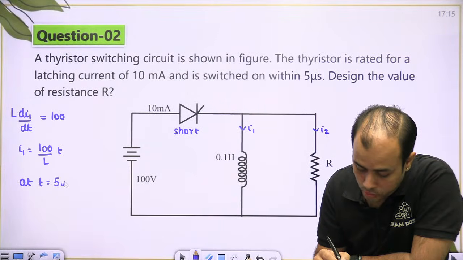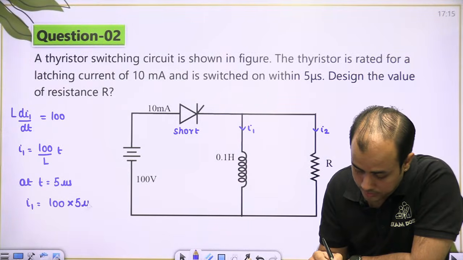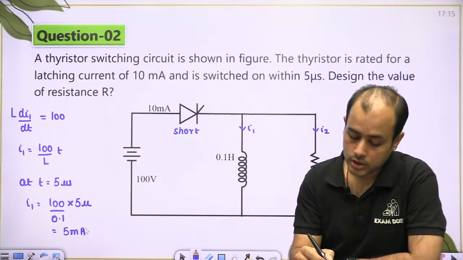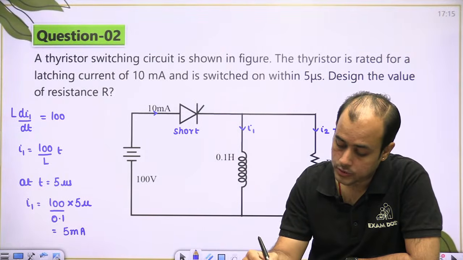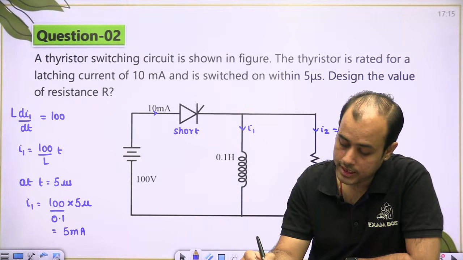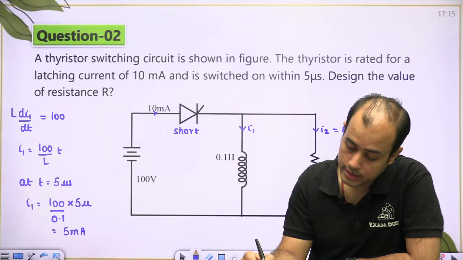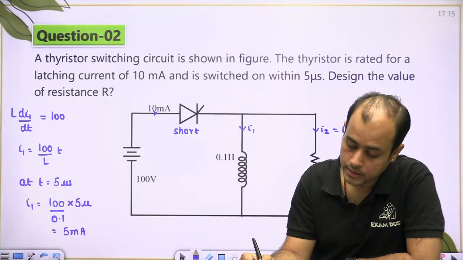Now I want to turn on within 5 microsecond. 5 micro by 0.1, so this is 5 milliampere. Now the total current should be 10 milliampere, so I2 will be 10 minus 5, 5 milliampere. So what is the value of R? 100 by 5 milliampere, 20 kilo ohm.